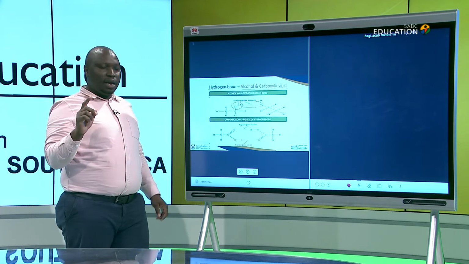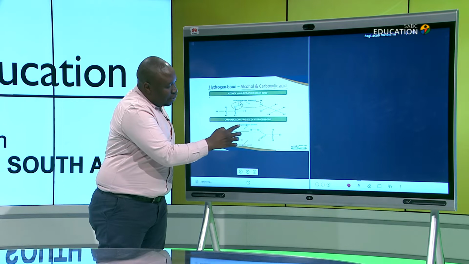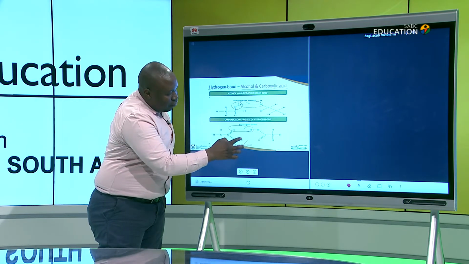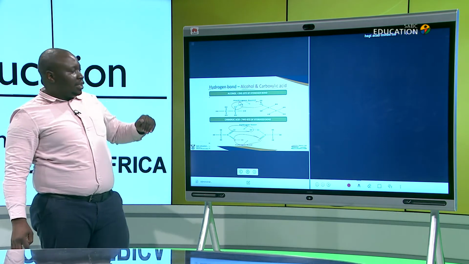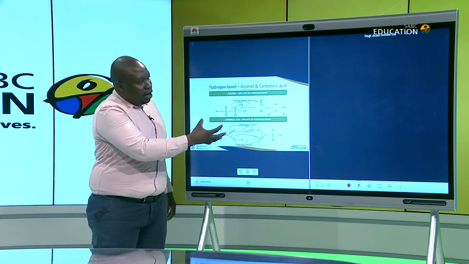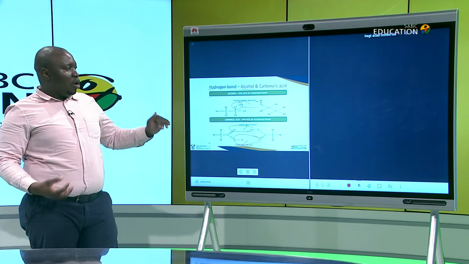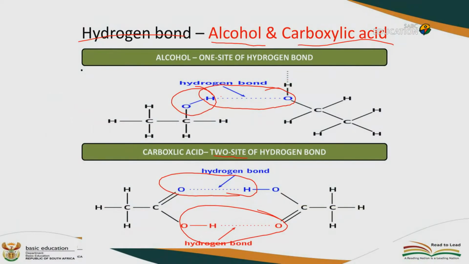So at all times, know that the two oxygens will be sides for hydrogen bonding, so there are two sides of hydrogen bond. So at all times, you will know carboxylic acid will be stronger than alcohols, because alcohols have one side of hydrogen bond, whereas carboxylic acid has two sides of hydrogen bond.